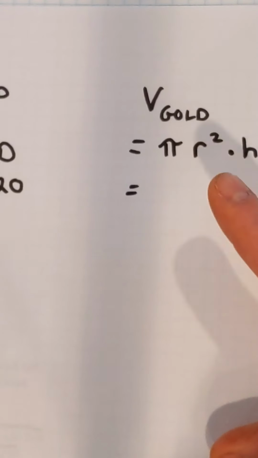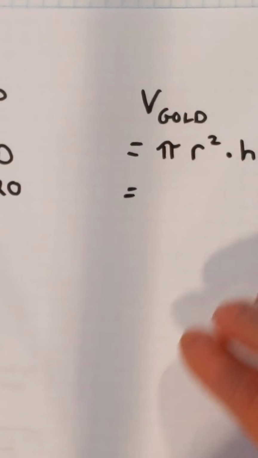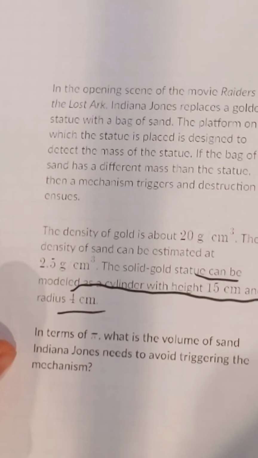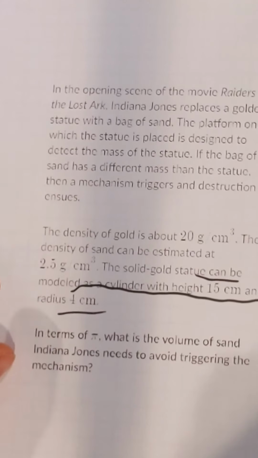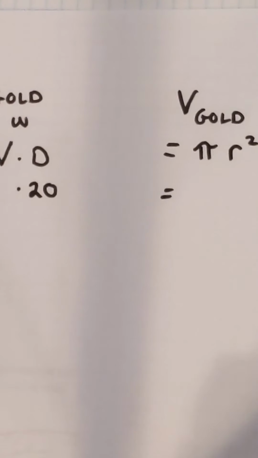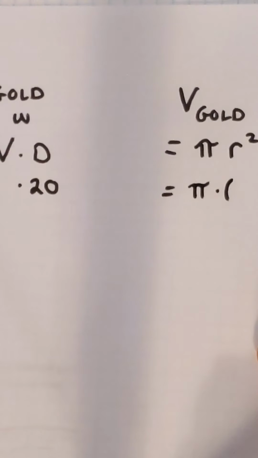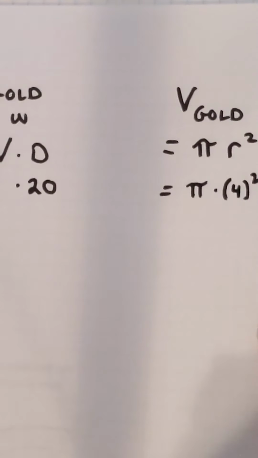That's the formula. It's on your formula sheet. They told me that the cylinder has a height of 15 and a radius of 4. So pi times the radius, 4 squared, times the height, which was 15.